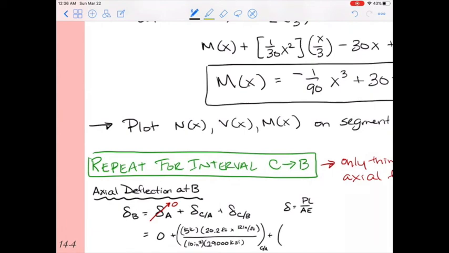Next, we need to do segment BC. Segment BC we found to be -9 kips of compression. The length of BC is only 9.8 feet long. Convert that into inches. Same area, same modulus of elasticity.